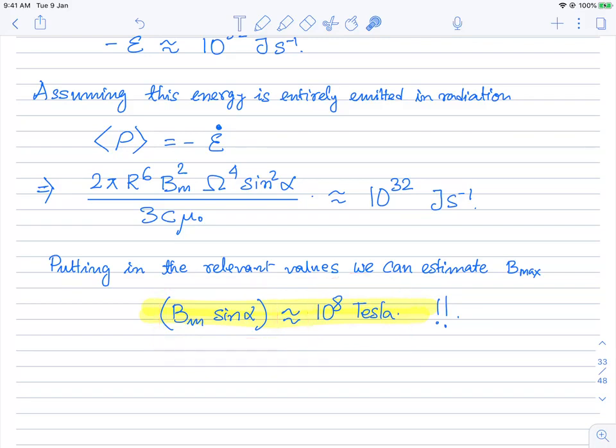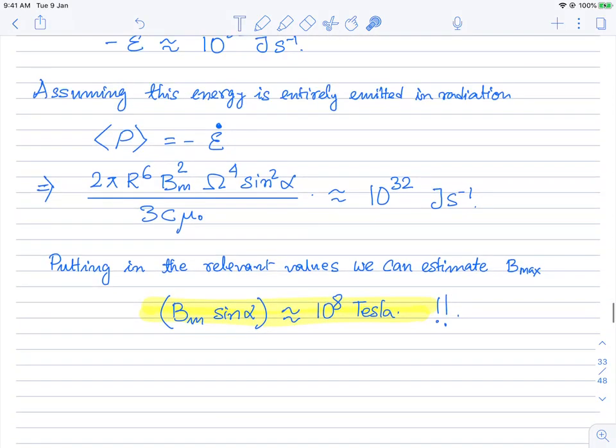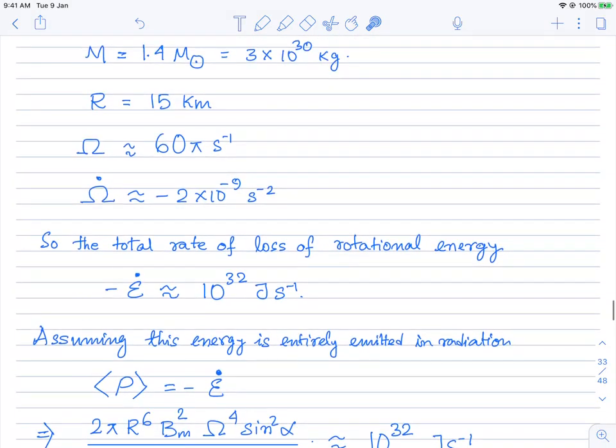Just to give you an idea, for the very, very strong magnetic fields that we have in our labs, for instance here at KGP, the strongest magnetic field you can produce is like 5 Tesla. So you can imagine how strong these magnetic fields are. This is an application of the idea of radiation.